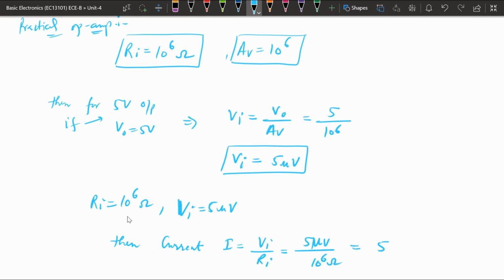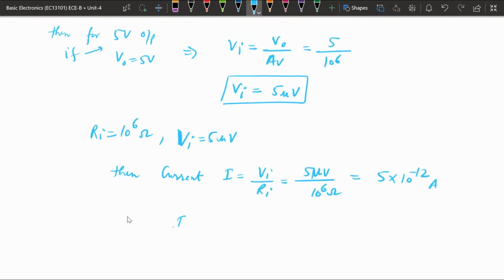From there it comes out to be 5 into 10 to the power minus 12 ampere, that is 5 picoampere. So I, that is current, is 5 picoampere, which is very small, so it is considered to be equal to 0 ampere.